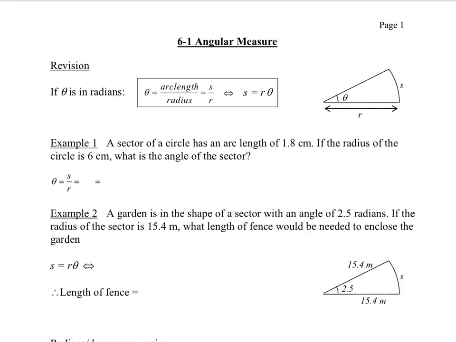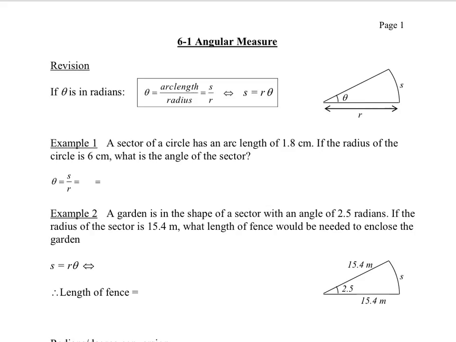If you want to get this angle in radians, all you have to do is take the arc length, whatever length S is, and divide it by R. So whatever the length of S is, divided by R, gives us the angle in radians. This symbol is the Greek letter theta, and it's often used to represent angles.